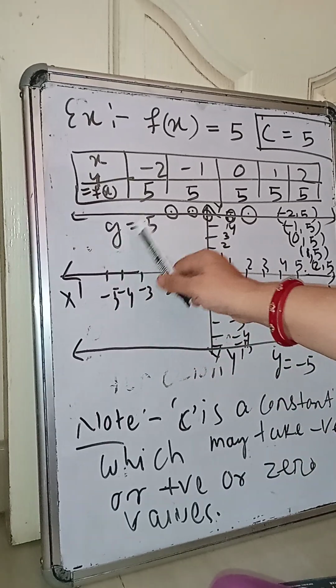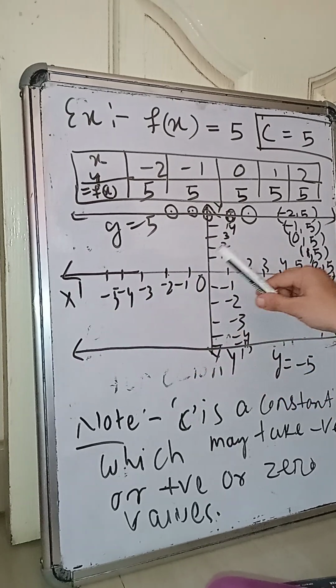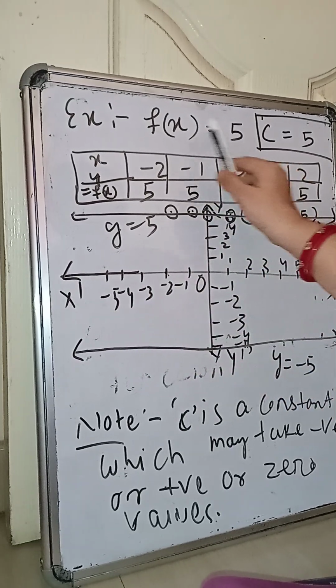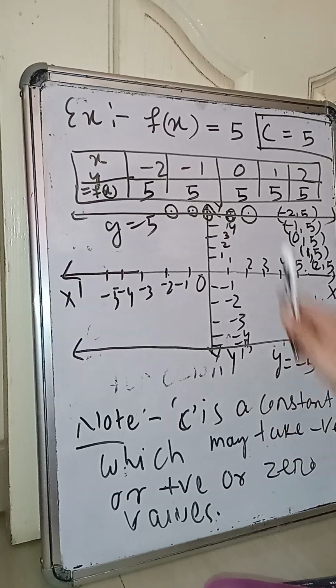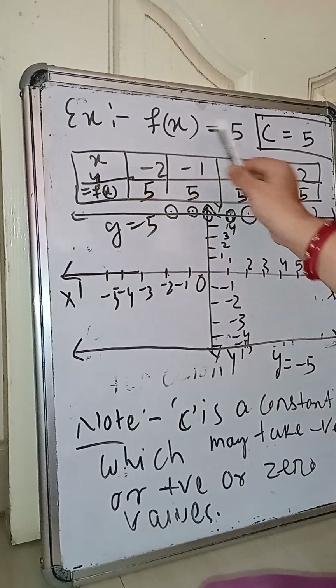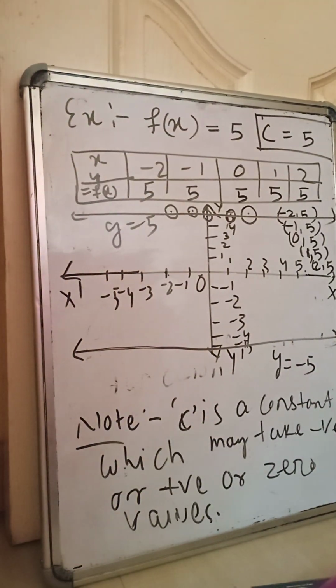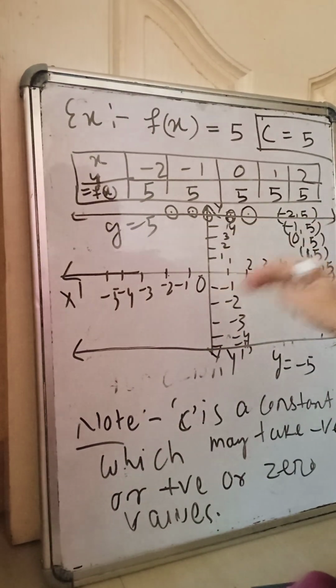So this is the graph of y equal to 5, a straight line parallel to the x-axis, lying above the x-axis. If you are taking f of x equal to -5, that means y equal to -5, because y equals f of x, the graph is a straight line parallel to the x-axis lying below the x-axis.